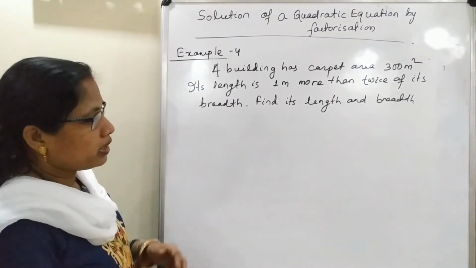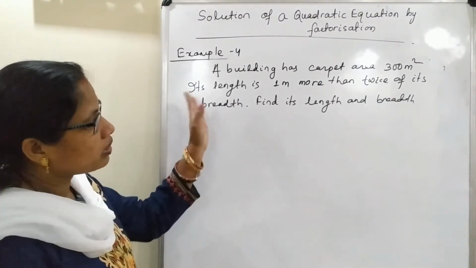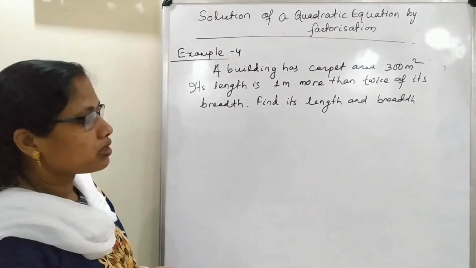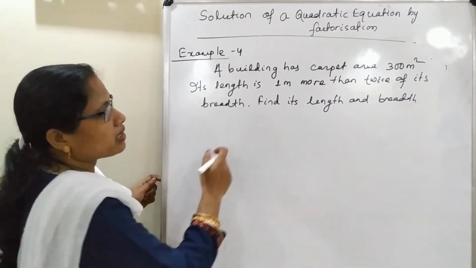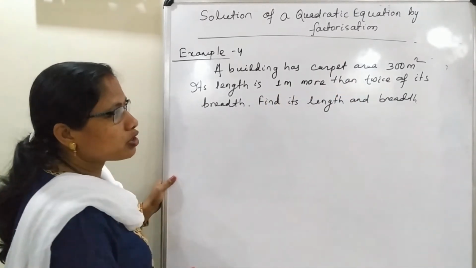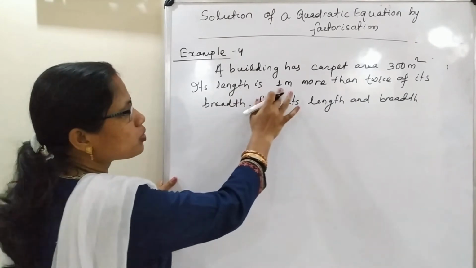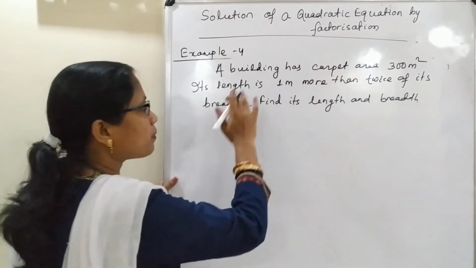Next, it is a word problem. We have to convert this sentence into a quadratic equation. Then we will solve it by factorization method. A building has carpet area 300 meters square and its length is 1 meter more than twice of its breadth.